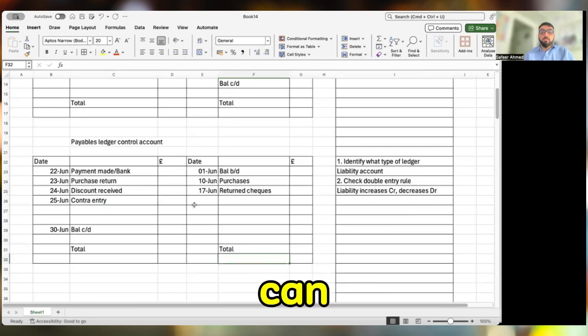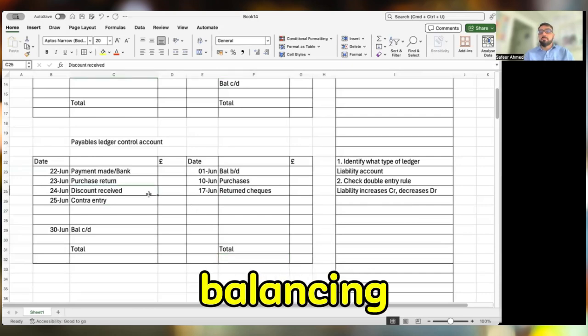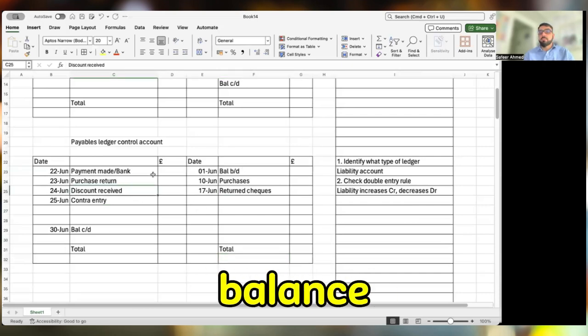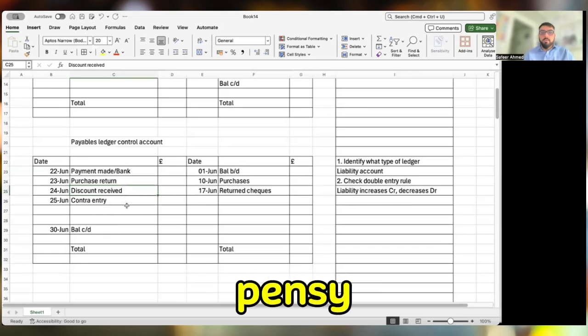You can be asked to calculate, for example, discount received as a balancing figure, and they give you balance carried down, balance brought down, the rest of the items as well, and you might have to calculate a balancing figure. So that's at level 3 financial accounting, preparing financial statements.